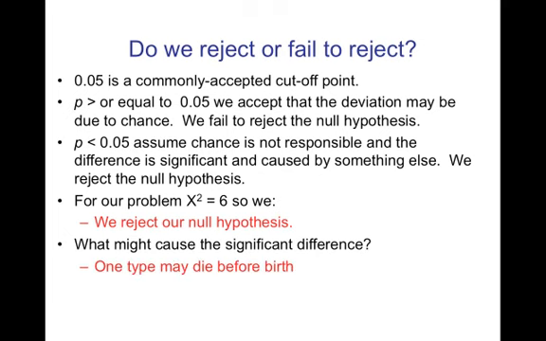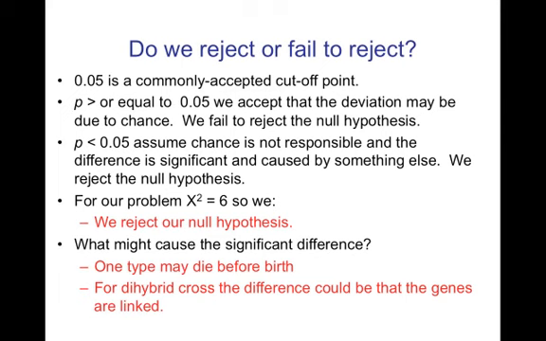For instance, it's possible that one type of the cats dies before birth. Maybe there's a lethal combination of these alleles. Maybe a big B combination causes the cat to die before birth. In that case, our numbers are going to be thrown off. For a dihybrid cross, the difference could be that the genes are linked.